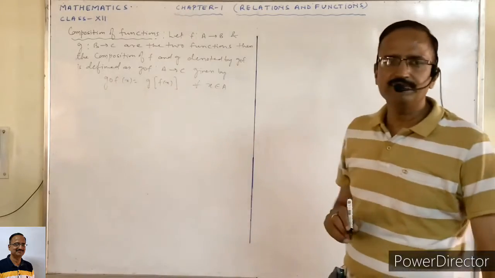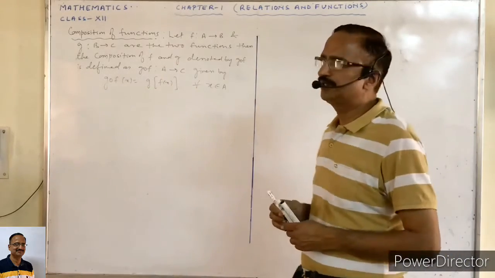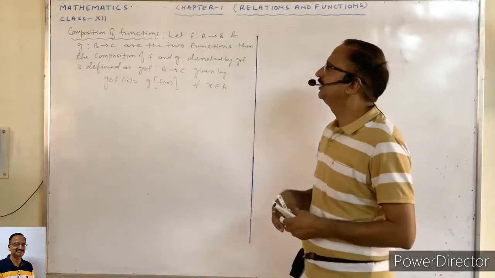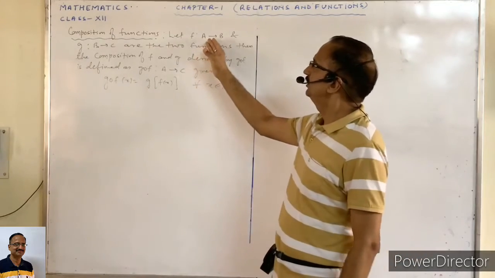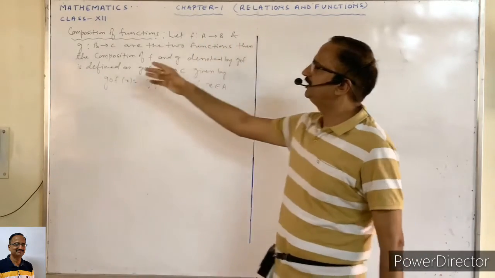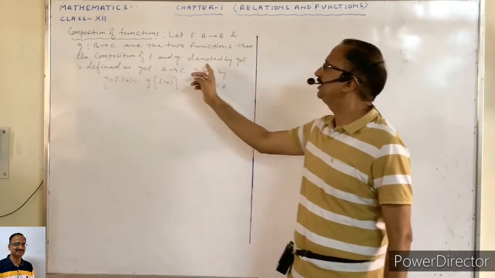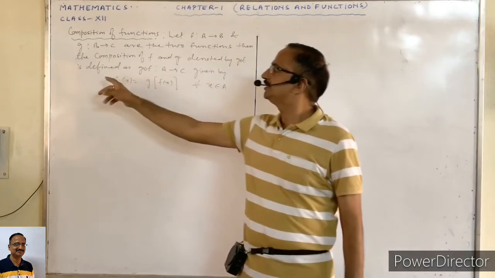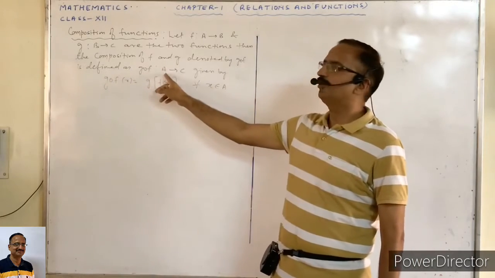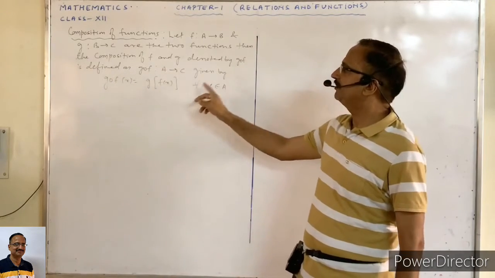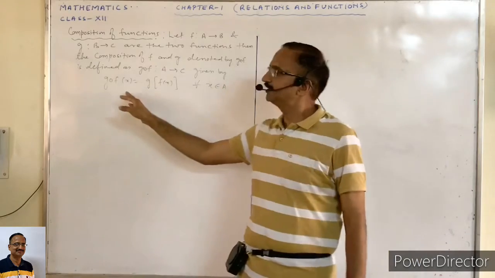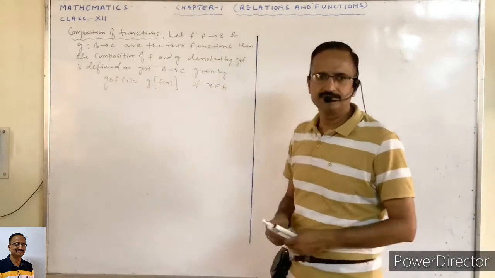This is the definition of composition of two functions f and g. Let f be defined from A to B and g from B to C. Then the composition of f and g denoted by gof is defined as gof from A to C given by gof x means g of f x.